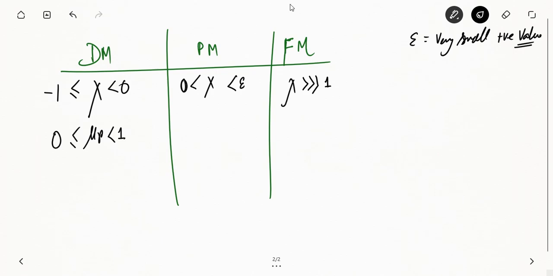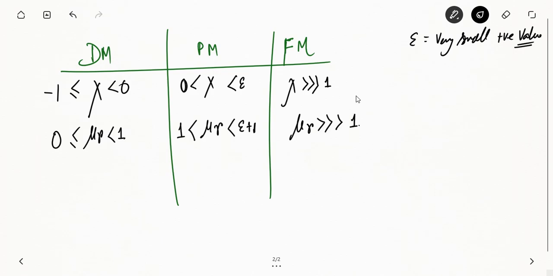For paramagnetic material, mu r is less than epsilon plus 1 but greater than 1. And for ferromagnetic material, the relative magnetic permeability is much greater than 1.